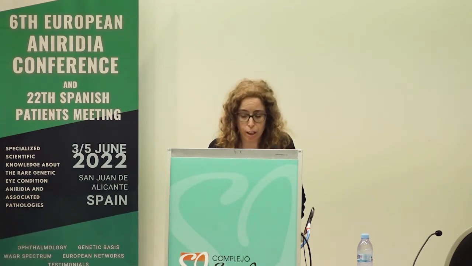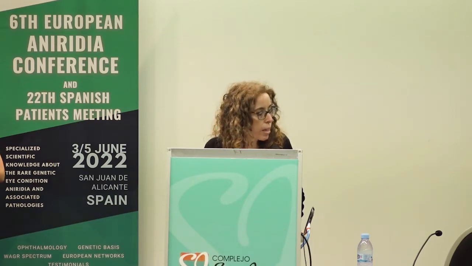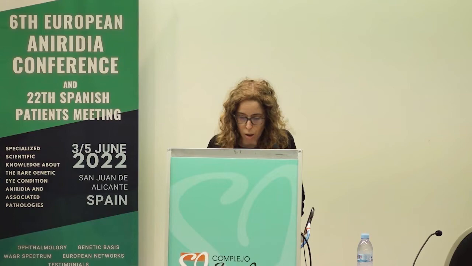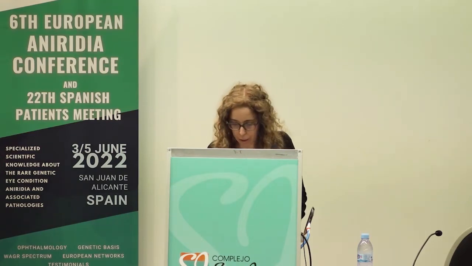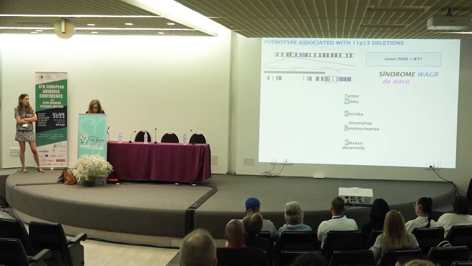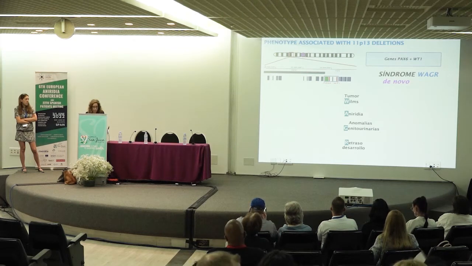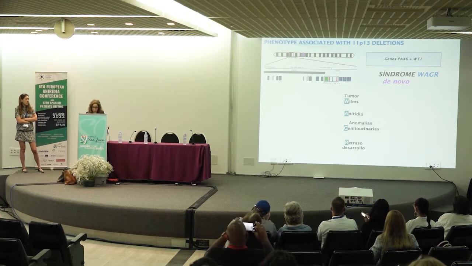And in these patients, we have sometimes a milder form of incomplete aniridia. But the deletions can be large. In this case, when PAX6 and the WT1 gene are deleted, the patients can develop a more severe phenotype.